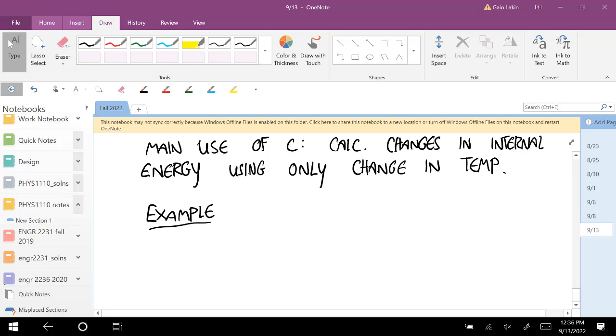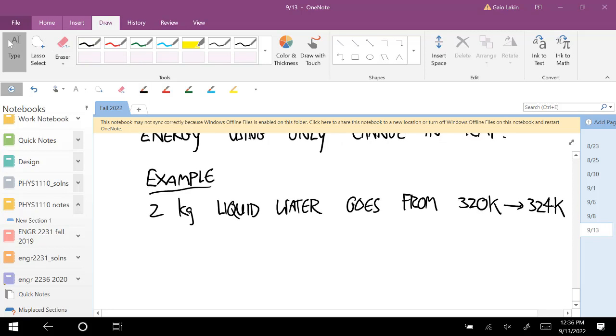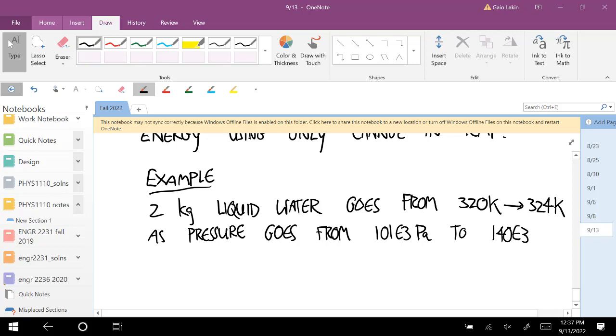So let's say that you have 2 kilograms of liquid water that goes from 320 Kelvin to 324 Kelvin, as pressure goes from 101 times 10 to the third pascals to 140 times 10 to the third pascals.